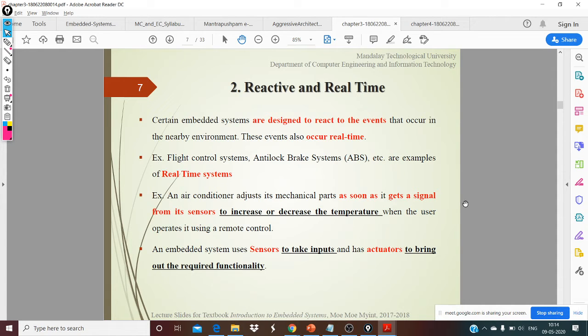You lift the lid of the washing machine. There's going to be some IR sensor that's going to detect that somebody lifted it, and then the control unit is going to say, if somebody lifted the lid, I should stop spinning. That's the reaction you get. Another example is the air conditioner. It has several mechanical parts.